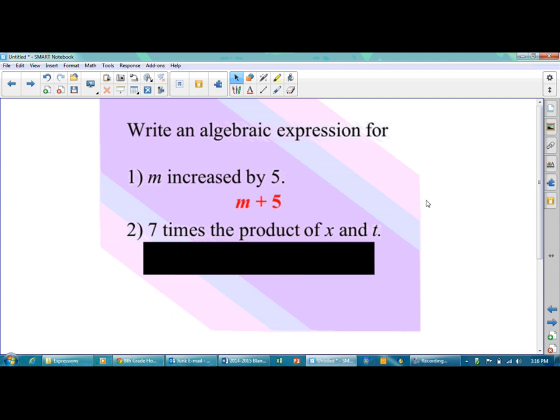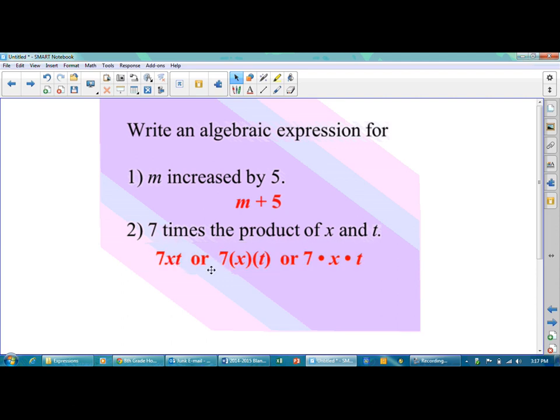Second one, 7 times the product of x and t. Well, it's times. Product means times. So 7 times x times t. So, you can write it this way or this way. Now, with variables, generally, we write them alphabetically.